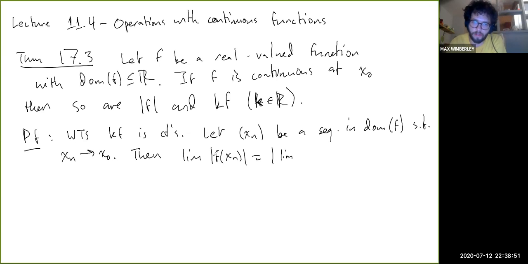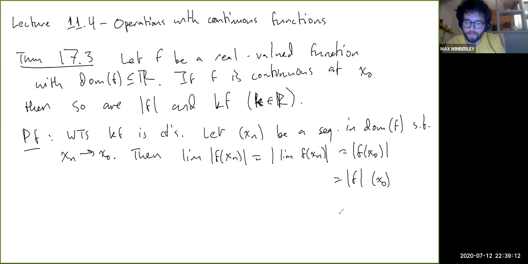I don't think we ever proved this explicitly, but it's very simple, and maybe it would be a good exercise for you to do on your own. But this is the absolute value of the limit of f of xn, and then this is just the absolute value of f of x naught. Okay, so that's that.